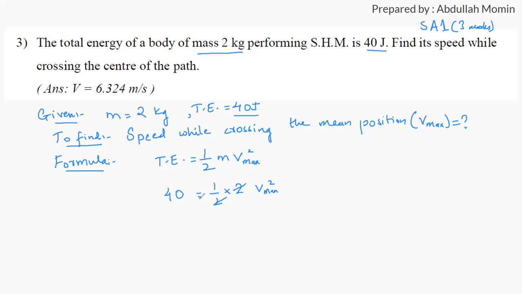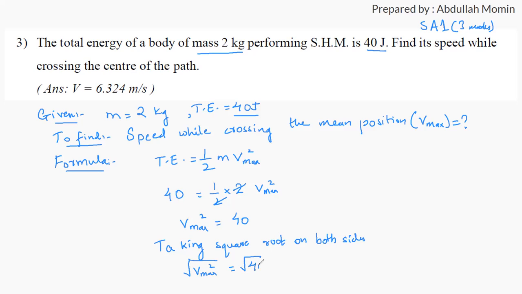This 2 and this 2 will get cancelled, so we are getting v max square is 40. Taking square root on both sides, we will get square root of v max square is equal to square root of 40.